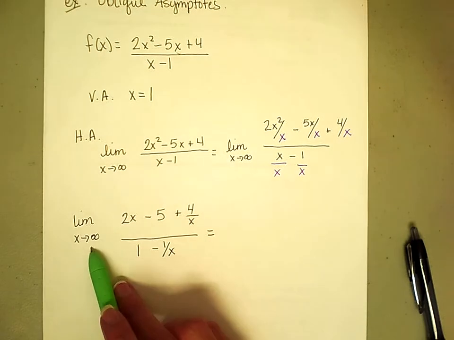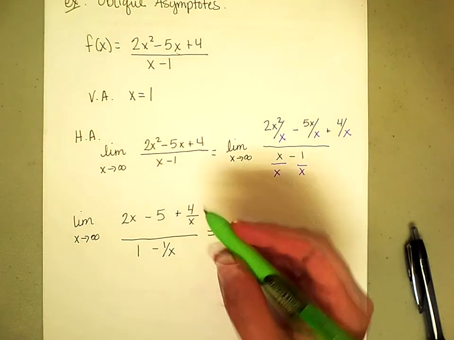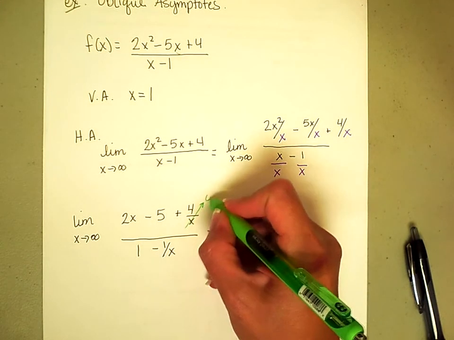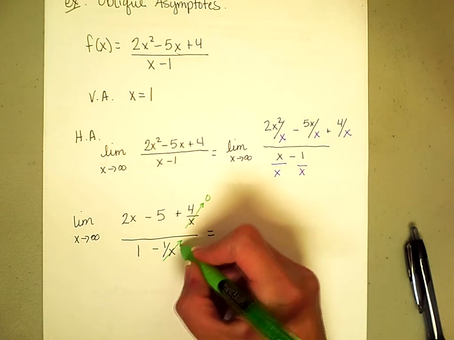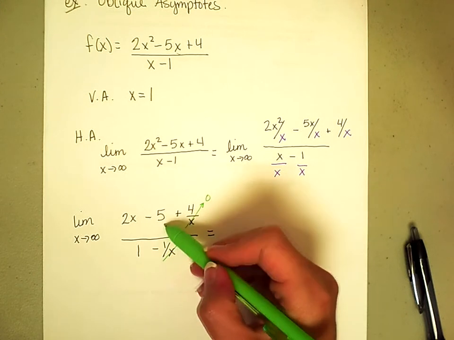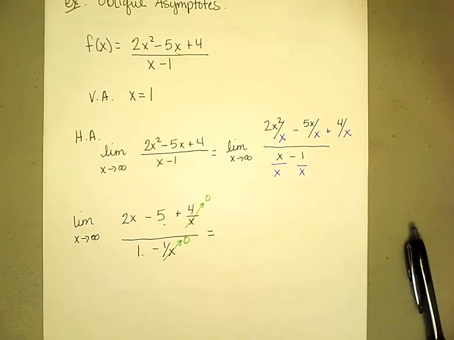Now let's do the substitution. 4 over x will certainly go to 0. 1 over x goes to 0. 5 will stay. 1 will stay.